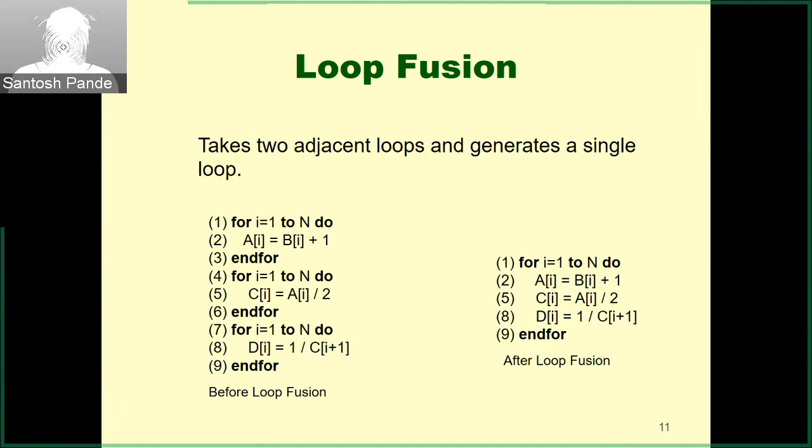So originally we had a write for C of I, and then we had a C of I plus 1 in the next loop. Once all the writes took place, there were the reads for each one of them, so the relationship was I'm going to read the new data that is generated in statement 5, whereas this is not the case.